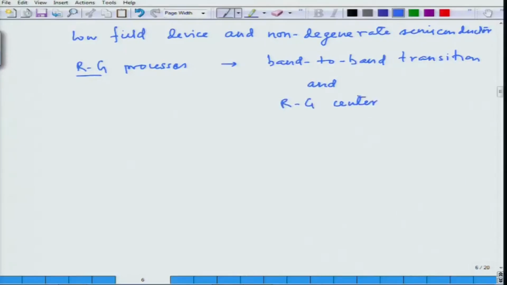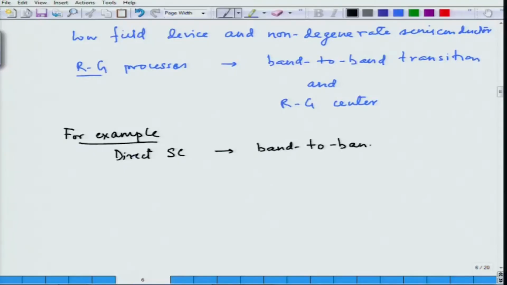Now, depending on the situation and the device, one will also have to see which one of these is dominant. For example, if we have a direct semiconductor device, then the rate for band to band transition is much higher as discussed earlier, because there is no requirement for momentum conservation while having this transition.